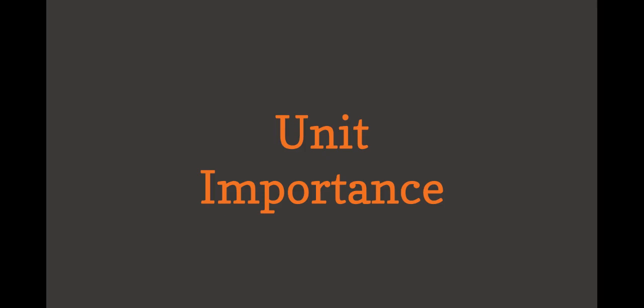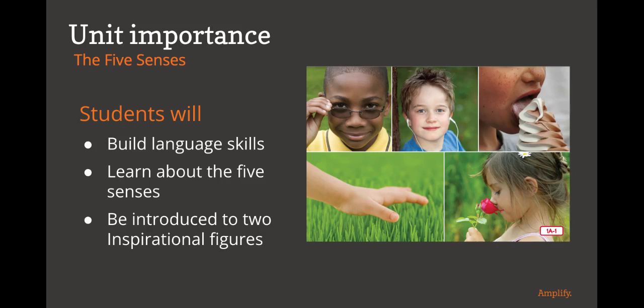Let's begin by grounding ourselves in the importance of what students will learn in this unit. In this unit, or domain, kindergarten students will build their language skills through speaking and listening, observation, and activities. Students will learn both through read-alouds and explorations how humans gather information through our 5 senses.